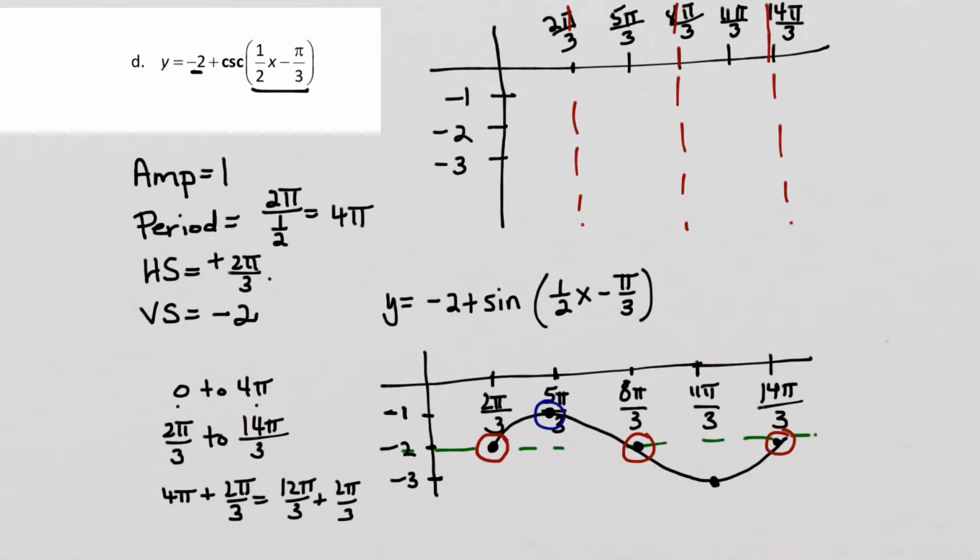So I have this 5 pi over 3 is at -1. Put that point in, and then I go up from there. And then I put in this point from 11 pi over 3. That should be roughly here. And we go down from there. And there's one complete cycle of the cosecant function.